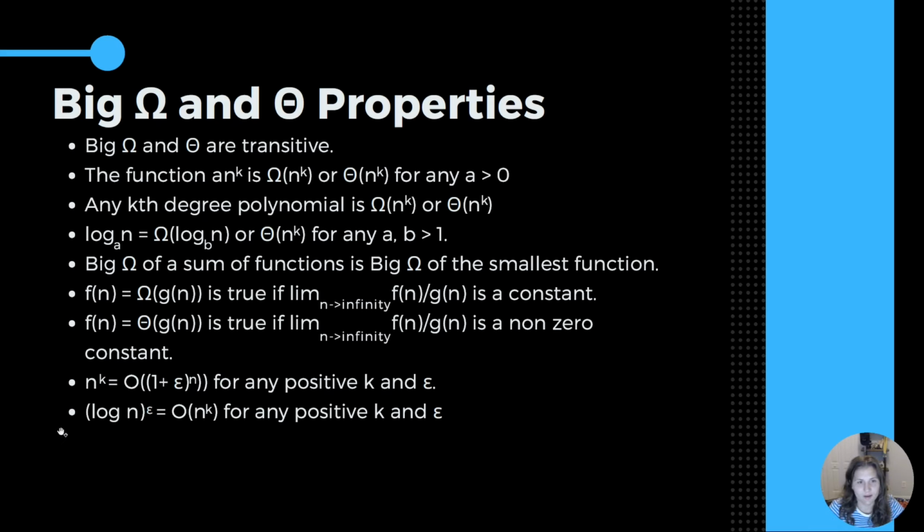The log n to the epsilon is equal to the big O of n to the k for any positive k and epsilon. This means a logarithm to any power grows more slowly than a polynomial. So an algorithm that runs in logarithmic time is eventually preferable to an algorithm that runs in polynomial time.